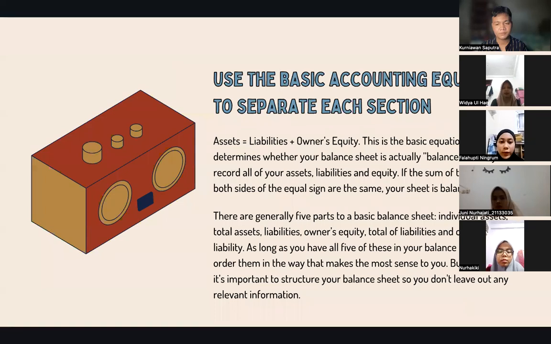There are generally five parts to a basic balance sheet: individual assets, total assets, liabilities, and owner's equity. As long as you have all five in your balance sheet, you can order them in a way that makes the most sense to you.